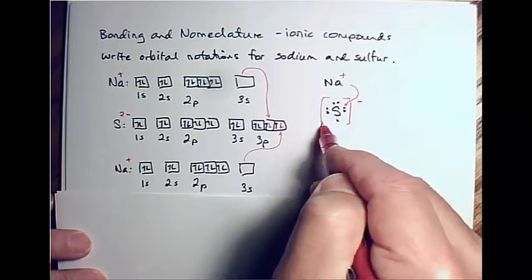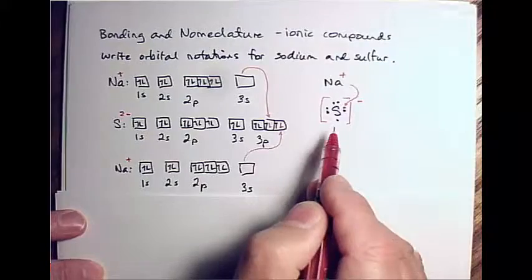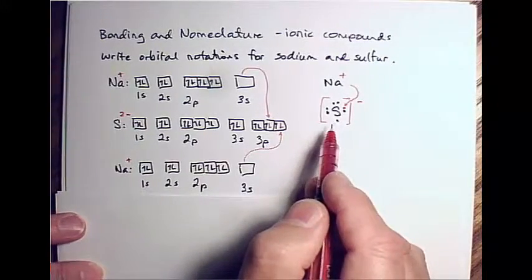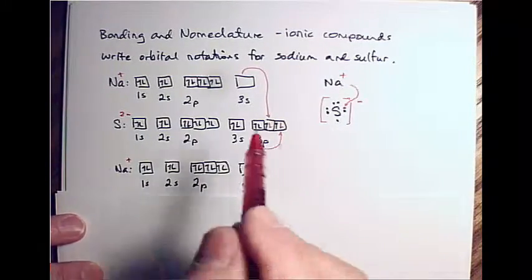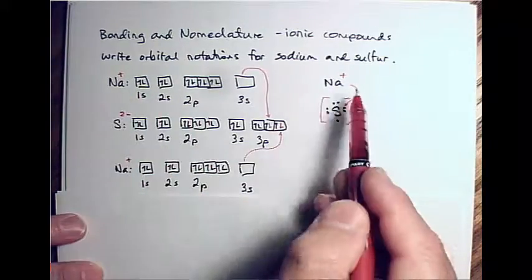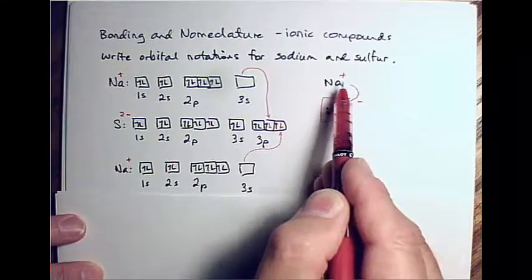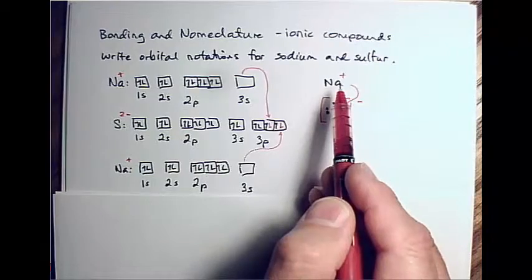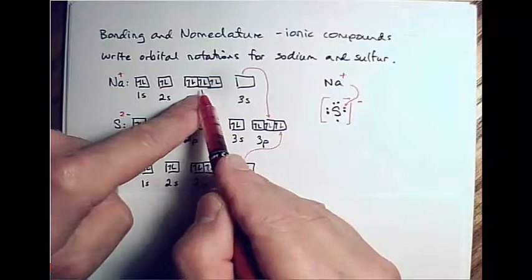Now, it's not finished yet because sulfur wants to have 8 electrons. Now, what you've got to understand about sodium is, even though we don't show any electrons here, you have to, in your mind, know that this is the actual structure.